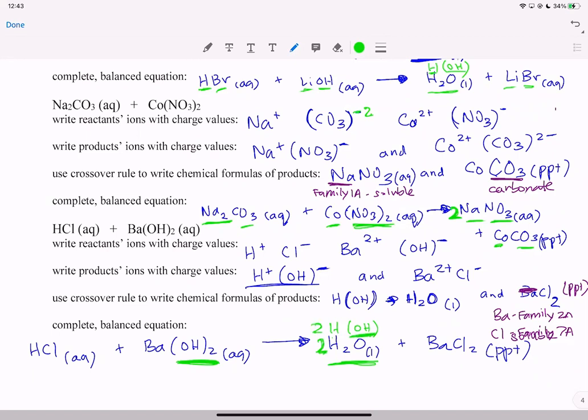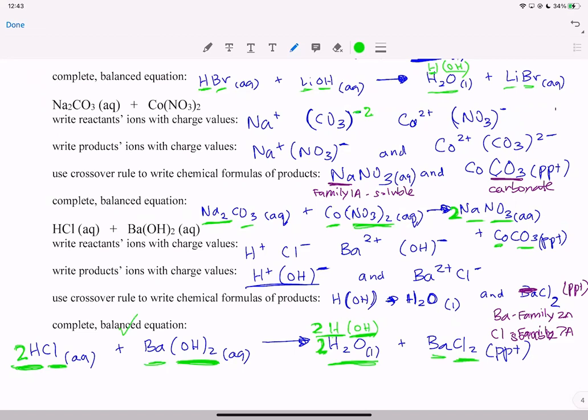So when I add that 2 in front of the H2O, which is really 2 HOHs, it will also indicate that I need 2 H's, 2 hydrogens. So I'm going to put a 2 in front of HCl. So that will give me 2 hydrogens. It'll also give me 2 chlorines, which is in that BaCl2. That subscript means that there's already 2 chlorines. And then there's also 1 barium on both sides, so don't need to fix that. So this is now balanced with those coefficients.